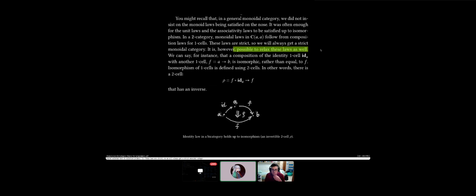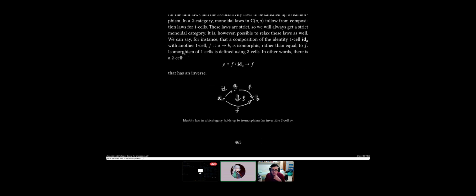But it's possible to relax those laws as well, and we can say that the composition of the identity with another one cell, f from A to B, is isomorphic rather than equal to f. And isomorphism of one cells is defined using two cells. Wait, I need to be careful because now we have layers. We have levels, and the interpretation changes because of the level perspective.